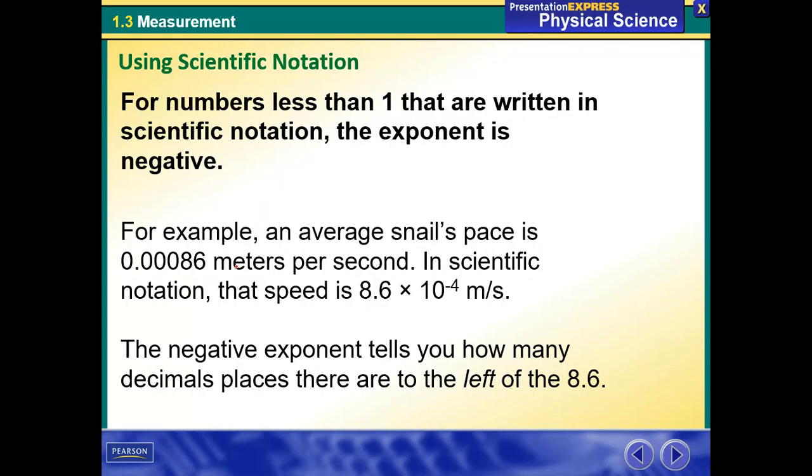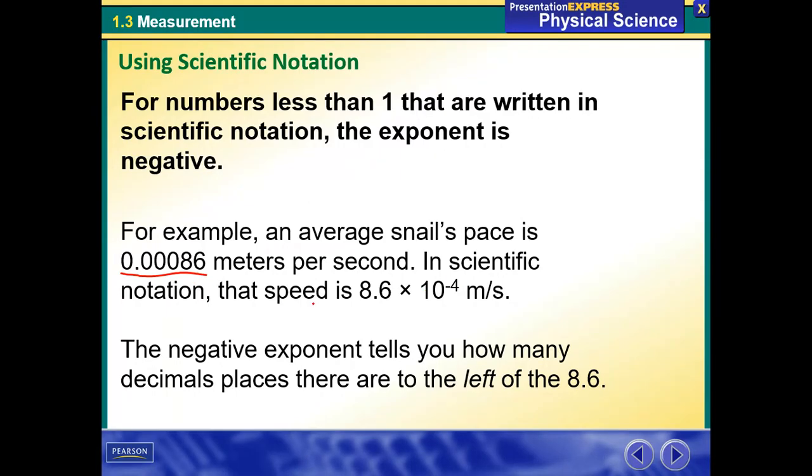Well, what about numbers less than 1? For numbers less than 1, the exponent is going to be negative. So down here, I have a number less than 1, 0.00086. If we were to turn that into scientific notation, we would say that it is 8.6 times 10 to the negative 4th. So how did we get there?